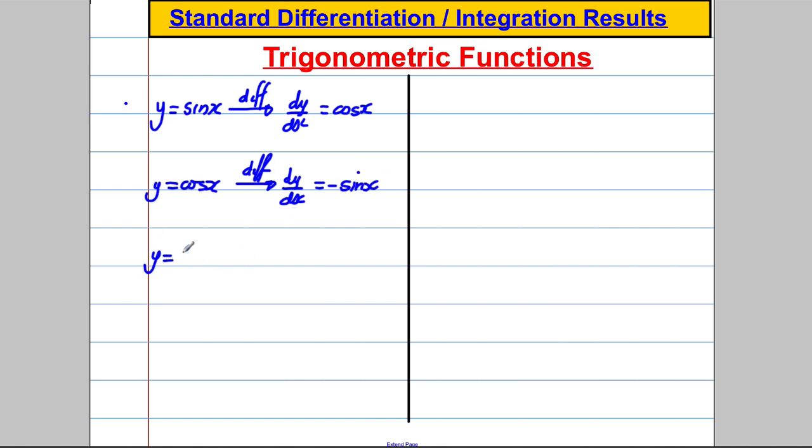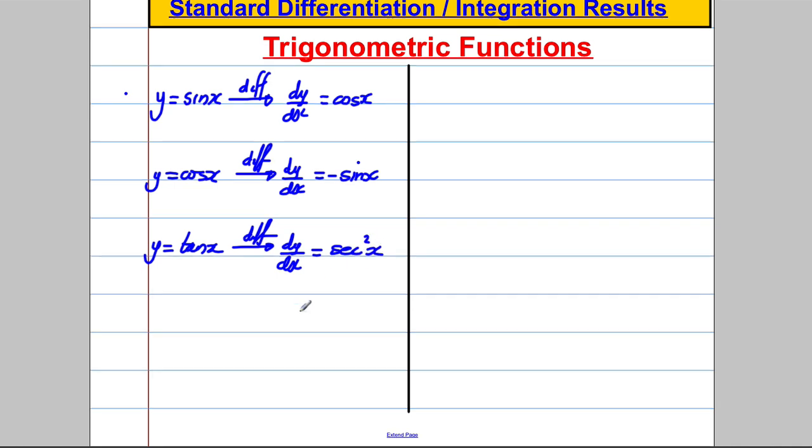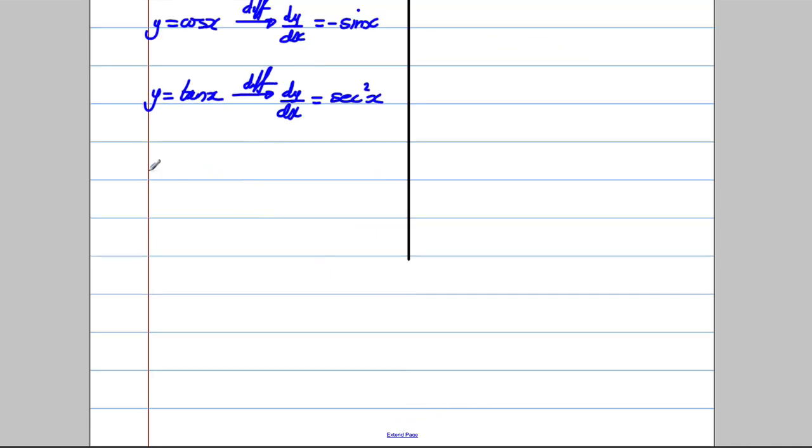When we had that y was equal to tan x and we differentiated, we got that dy by dx was equal to sec squared x. Okay, and the other results we got that when y was equal to cot x, which is 1 over tan, and we differentiated, dy by dx was equal to negative cosec squared x.